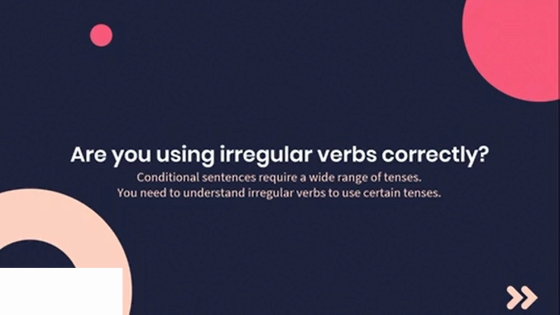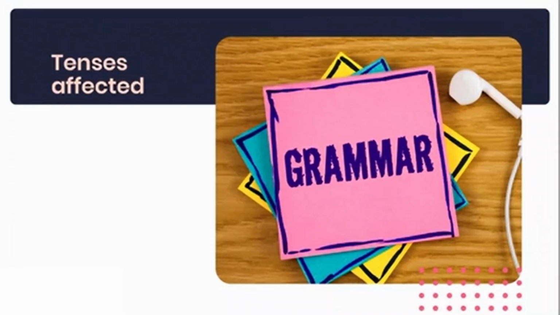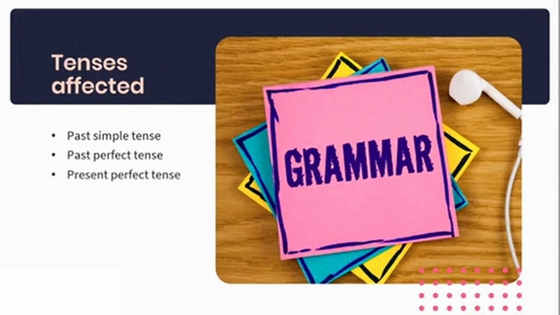So you'll need to understand irregular verbs to use certain tenses in conditional sentences. Not all tenses are affected by irregular verbs. These are the tenses in which irregular verbs behave differently: past simple tense, past perfect tense, present perfect tense, and future perfect tense.